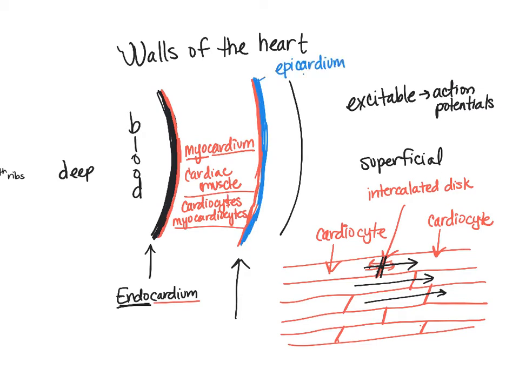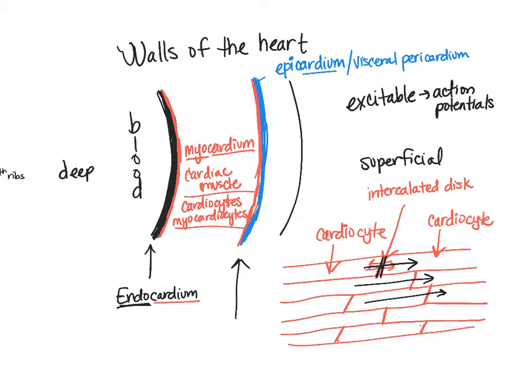So again, cardium as it's related to the heart, and epi is surrounding. So the epicardium is also called our visceral pericardium. So maybe that's familiar to you from the beginning of the semester. So the epicardium is surrounding the heart, or the visceral pericardium.